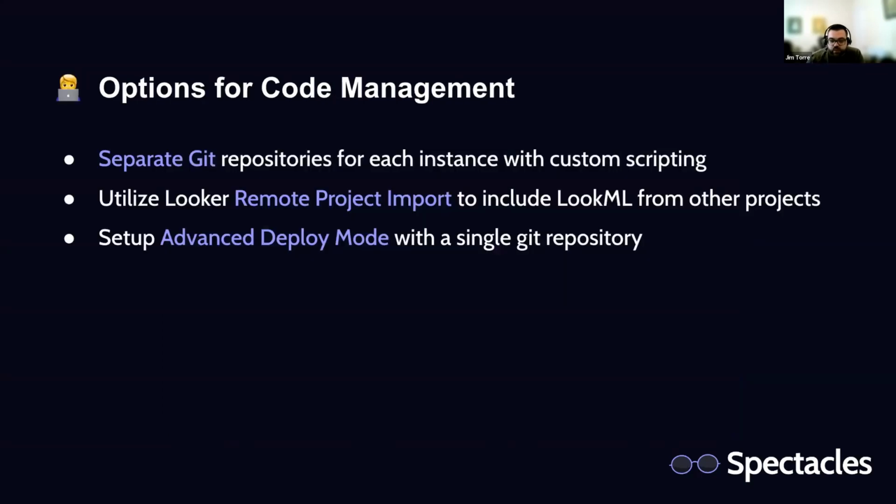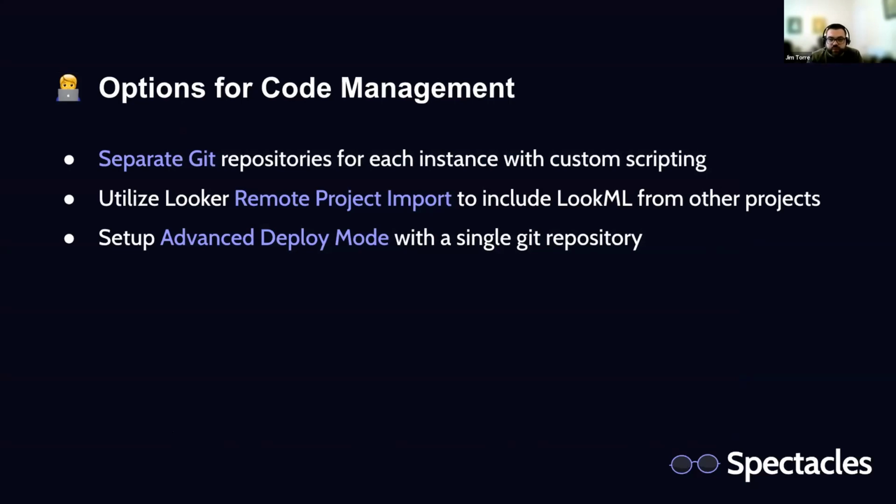To manage code across multiple Looker instances, you have a few options. You can set up separate Git repos for each instance, and then write some custom scripts that copy code between each repo, but that could be fairly complex. You could use Looker's remote project import feature and import LookML from other projects.